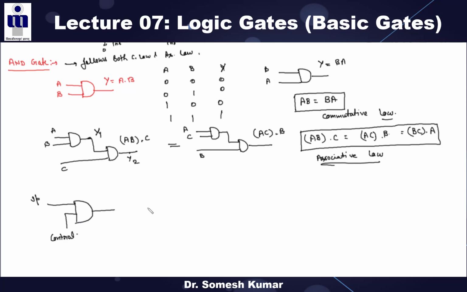So it is called the enable or disable control or strobe, right? So now tell me, what happens if control is 0?